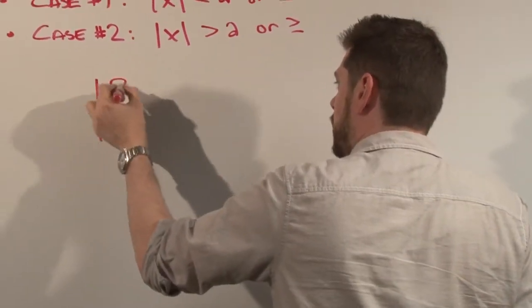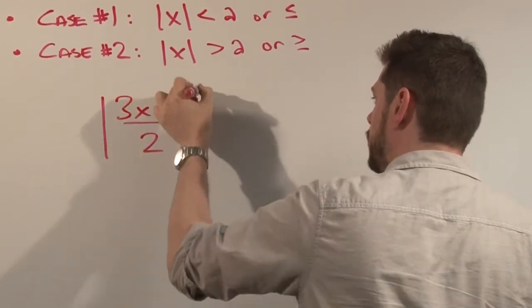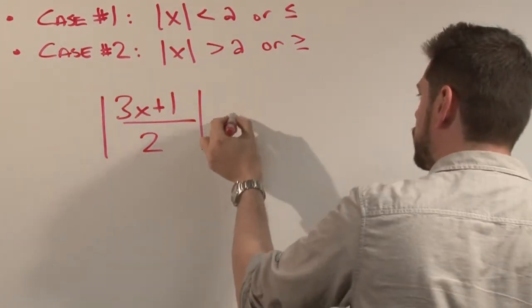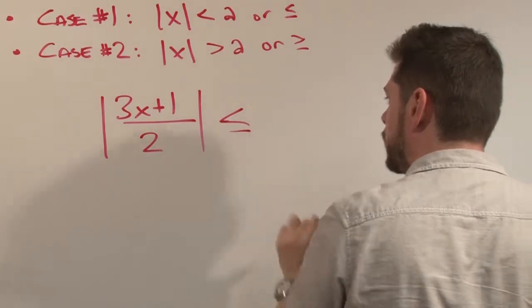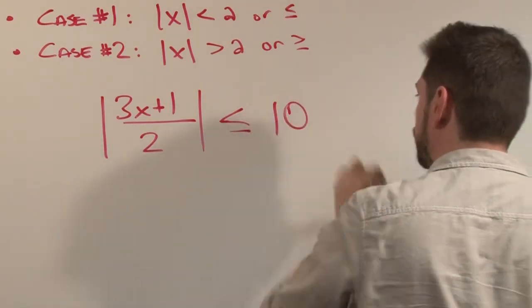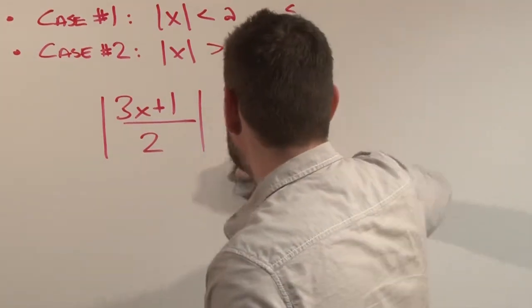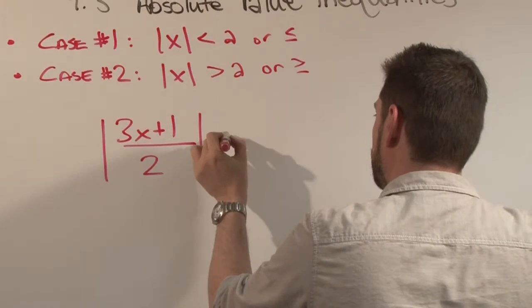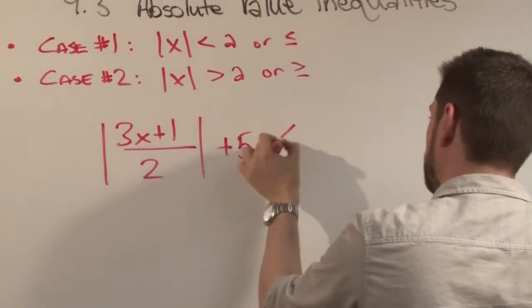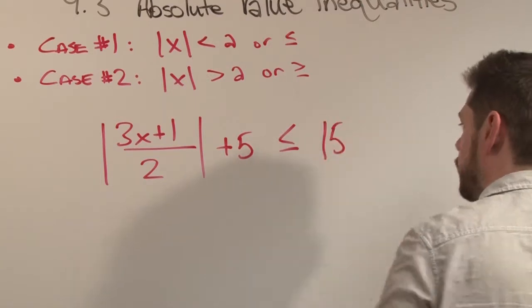Let's say we've got the absolute value of the quantity 3x plus 1 divided by 2, and we'll say that it's less than or equal to 10, just to be on the safe side. And actually, let's take one more step, and we're going to add 5 to it, and we're going to say that it's 15.